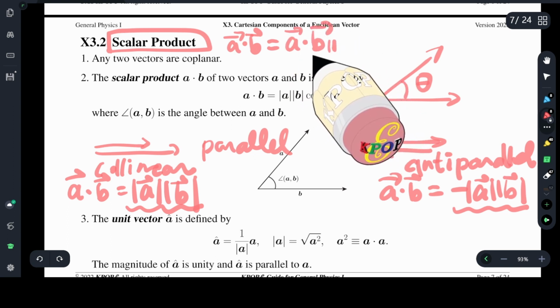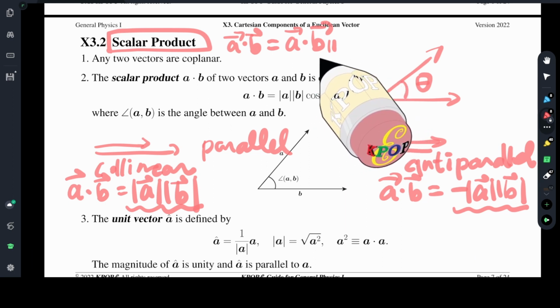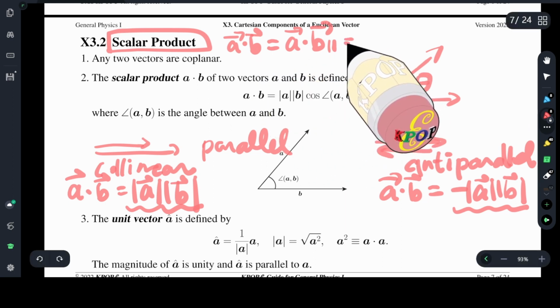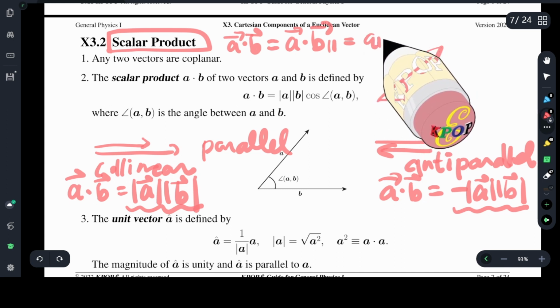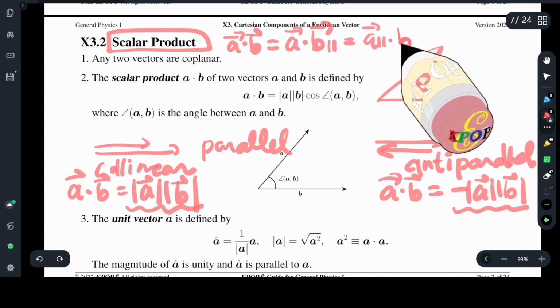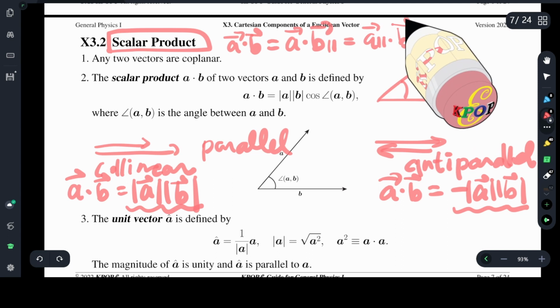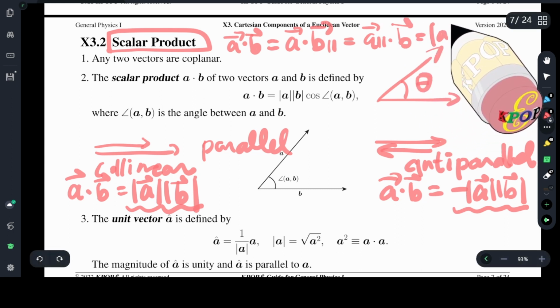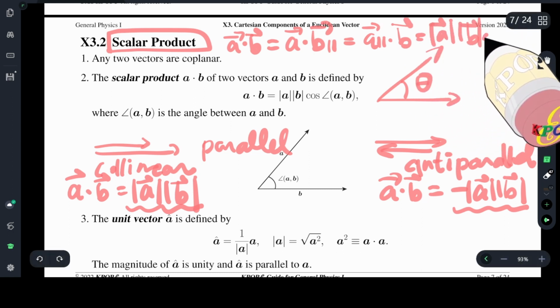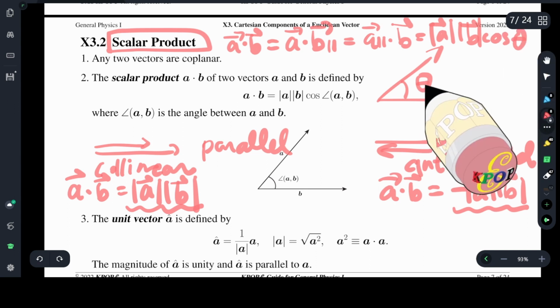That means B's parallel component relative to A, or A parallel dot B. Here, A parallel means A's component that is parallel to B. Then we can generalize this scalar product in the general case as A magnitude, B magnitude, and cosine theta, where theta is the angle between A and B.